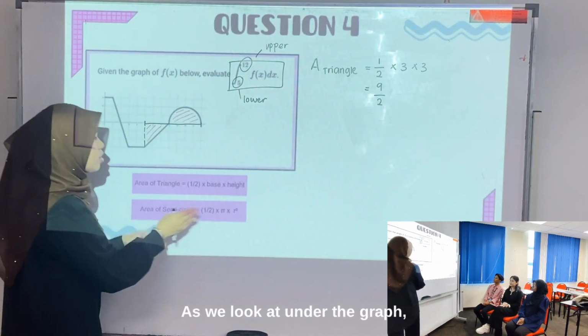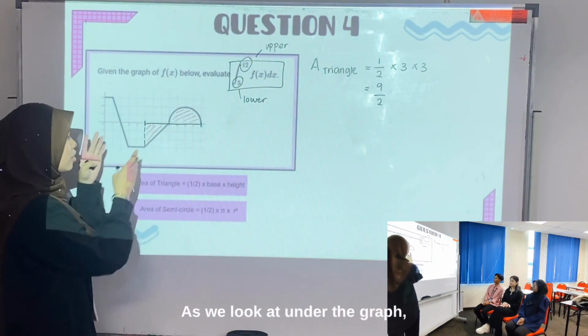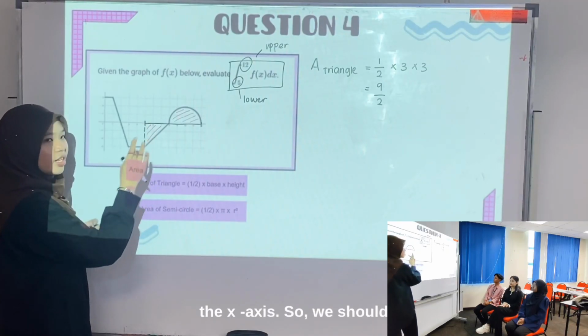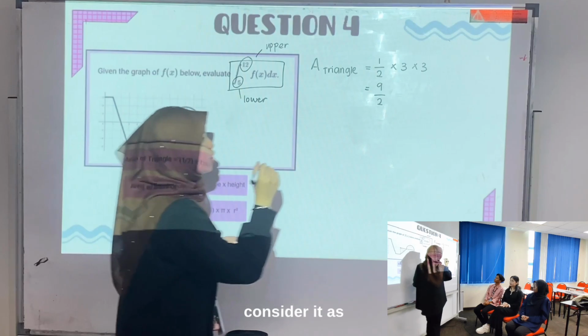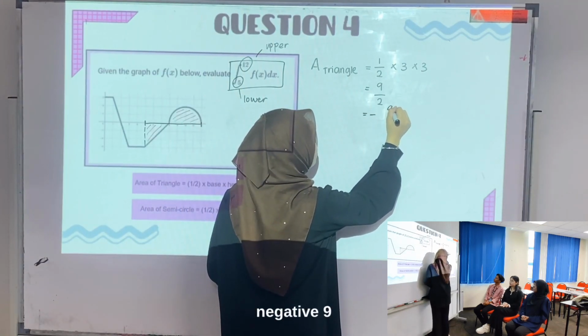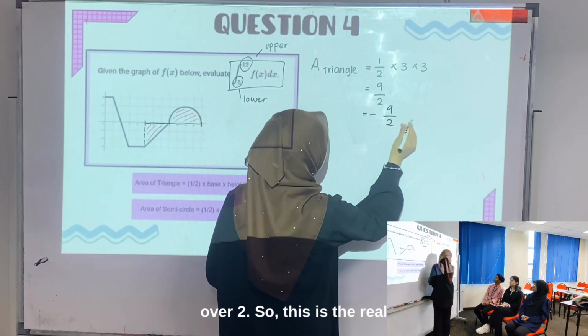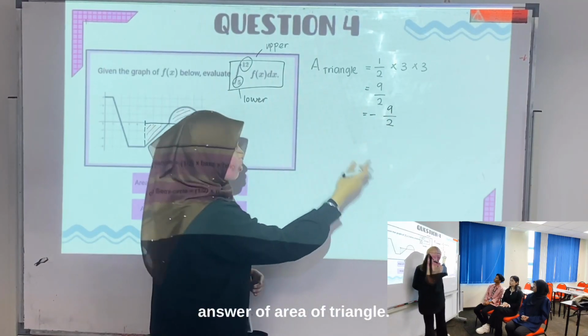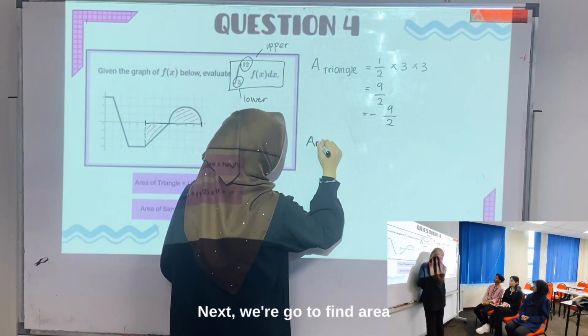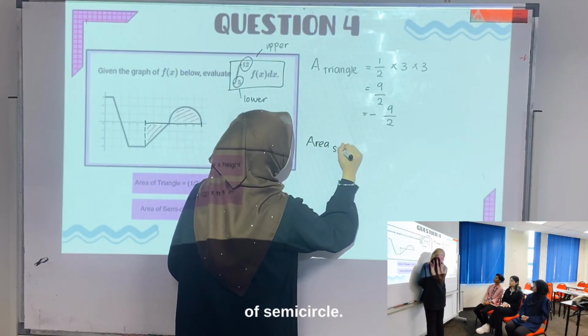But as we look at the graph, the triangle is under the x-axis. So we should consider it as negative 9/2. So this is the real answer of area of triangle. Next, we're gonna find area of semicircle.